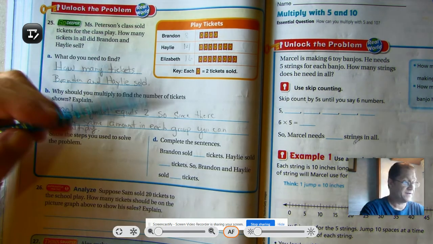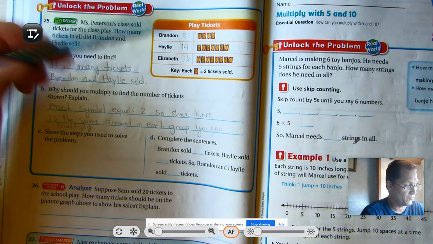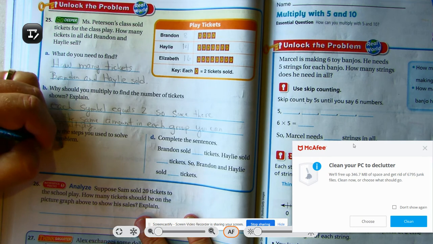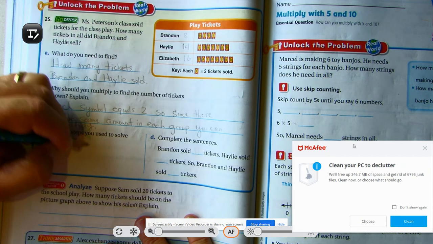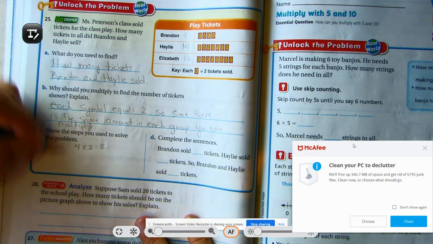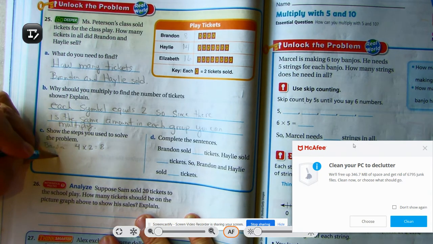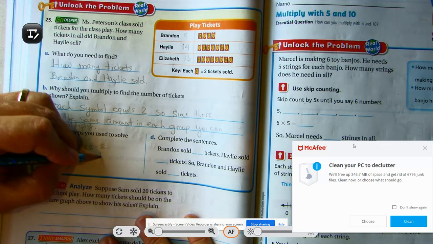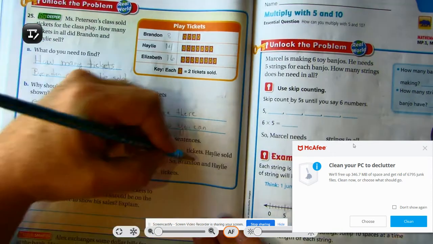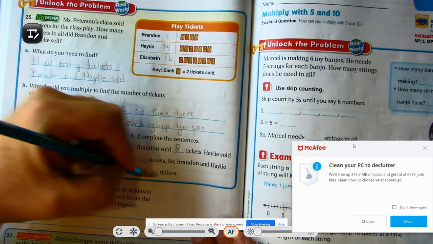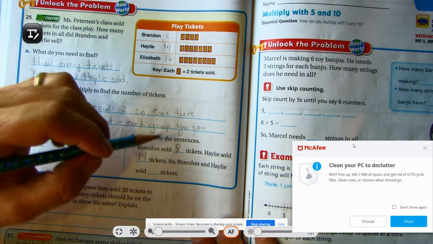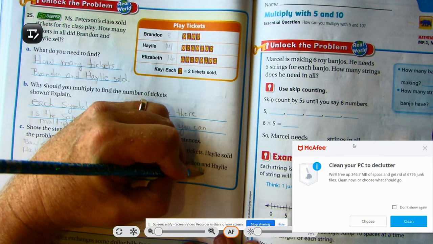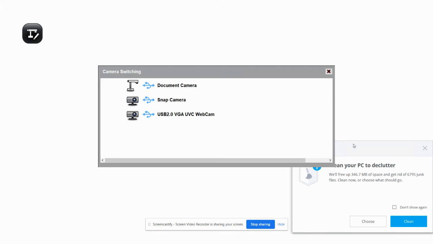So since in our graph here, each symbol represents 2, we can just multiply. So Brandon is 4 sets of 2, which is 8, and Haley is 7 groups of 2, which is 14. So Brandon sold 8 tickets, Haley sold 14 tickets. So together, now we're going to add that.